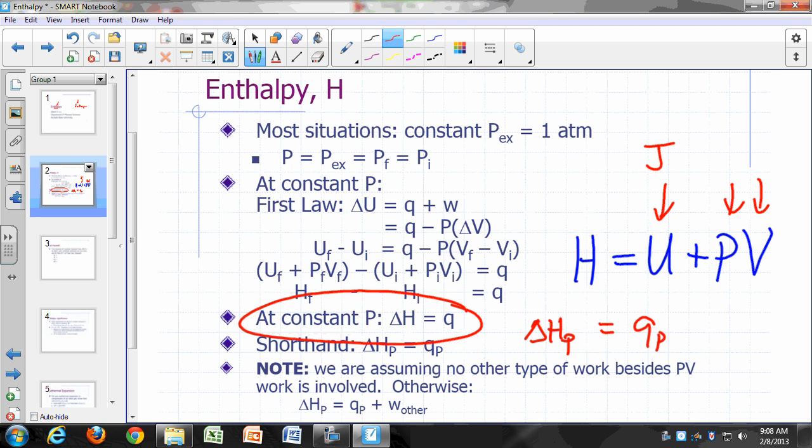Because that tells us that even though Q is not a state function, it's a path function. It depends on what path you take. Since most of the time we're dealing with a constant pressure process, we can actually equate Q to a state function. Okay? And what's the nice thing about having state functions?